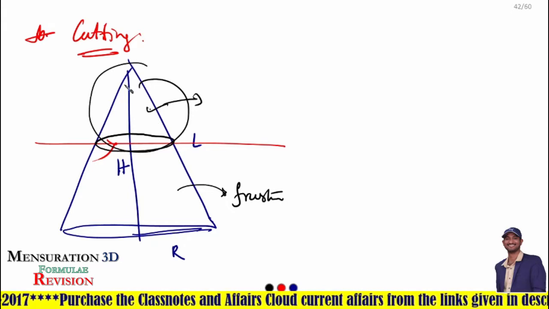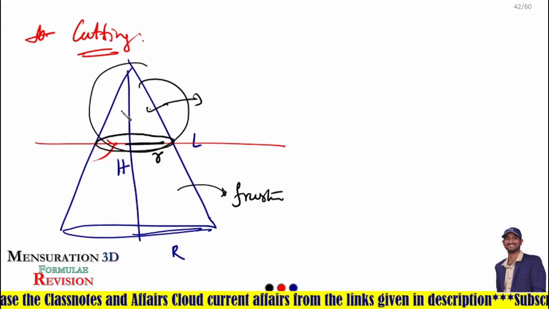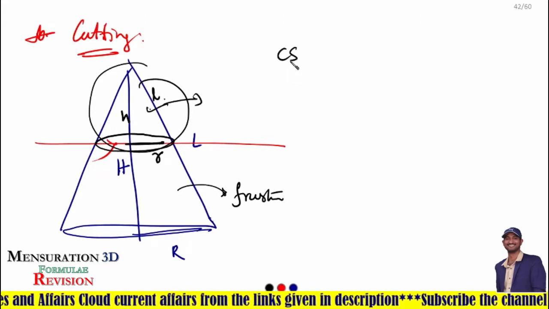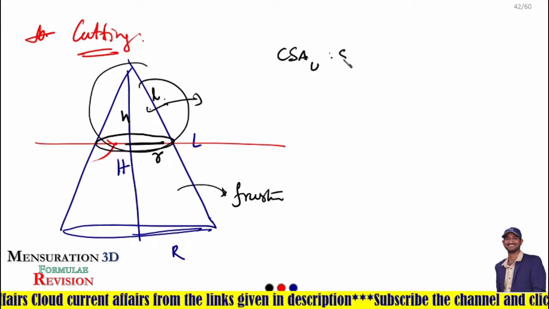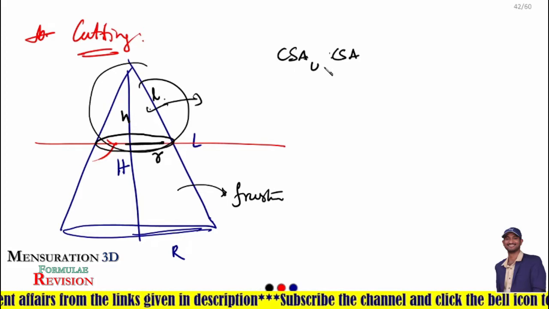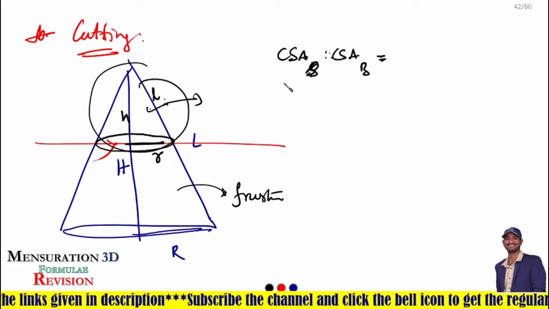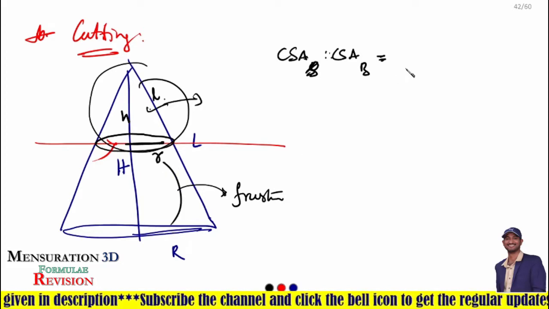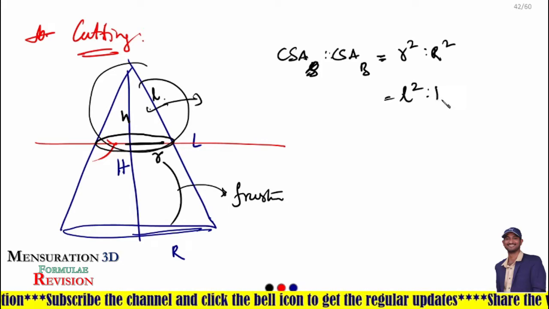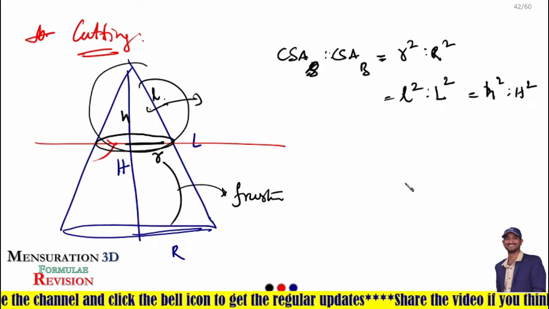When the upper cone has smaller dimensions, small h and small l, then the curved surface area of the smaller cone to the curved surface area of the bigger cone is in the ratio of squares of the corresponding radii, or squares of the corresponding slant heights, or squares of the corresponding heights.